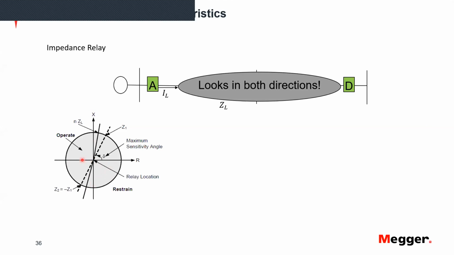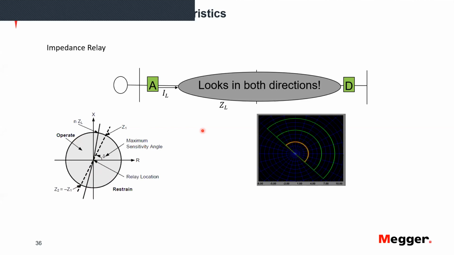You can have negative resistance. Remember that the positive or negative here depends on the direction of the current, right? So you could have operations for this relay in quadrants of the XR graph that we do not want operation on. This relay actually looks in both directions. So we need to do some sort of directional control on this relay in order to use it effectively in distance protection systems.